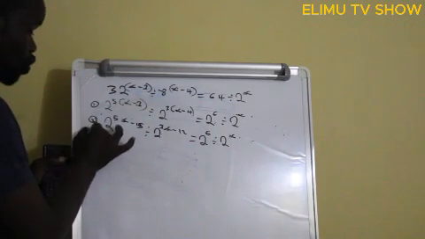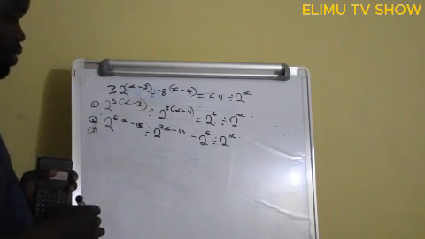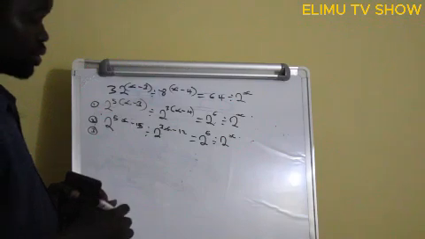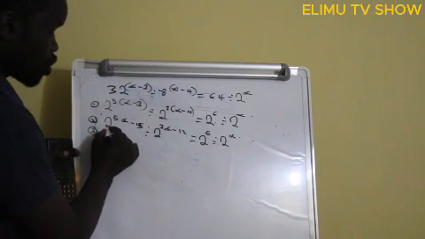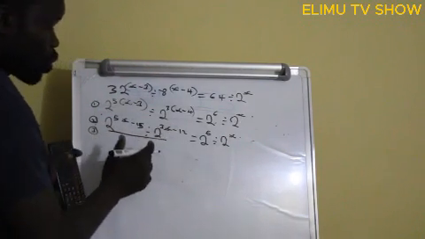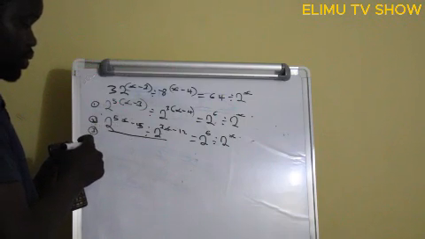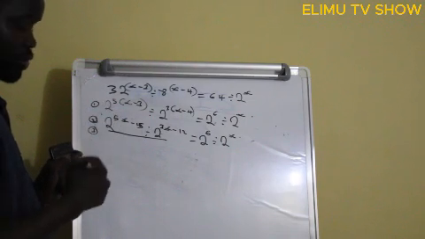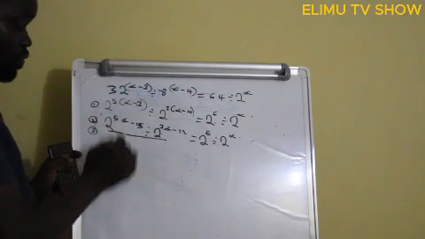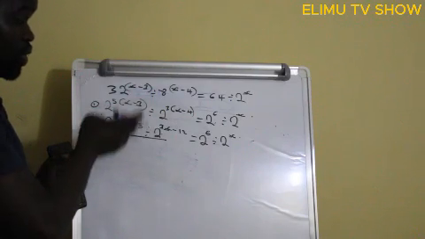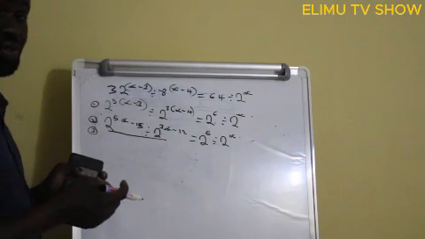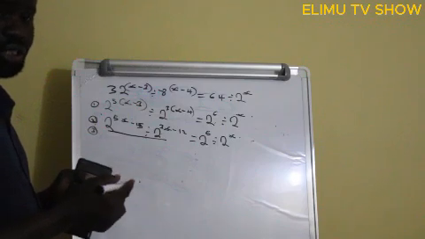Let us go to step number 3. In step number 3, let us first try to solve whatever is on the left hand side. Since we have division, it means that the powers are going to be subtracted.